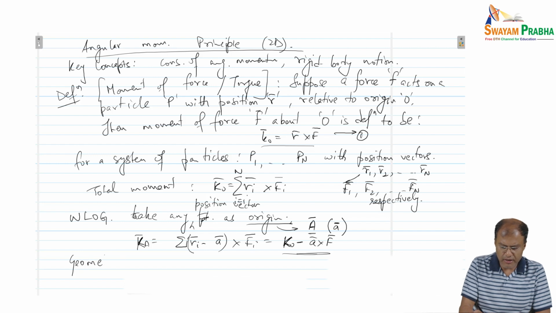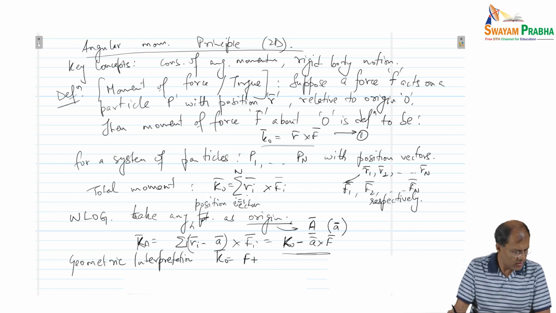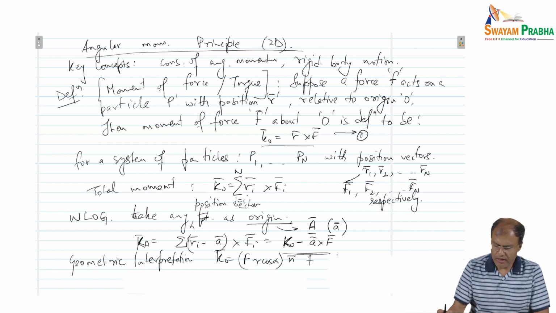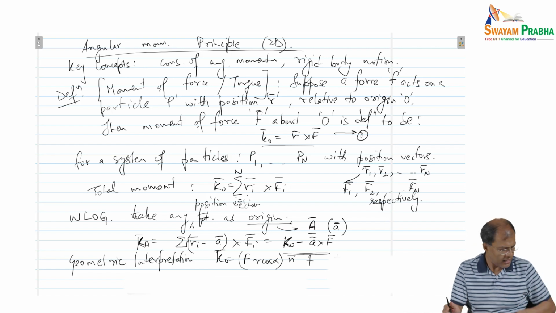The geometric interpretation is that KO is F times R cos alpha n hat plus whatever is on the right hand side.